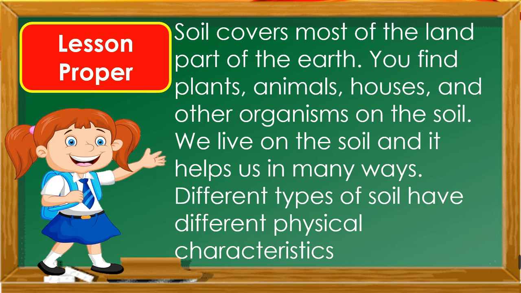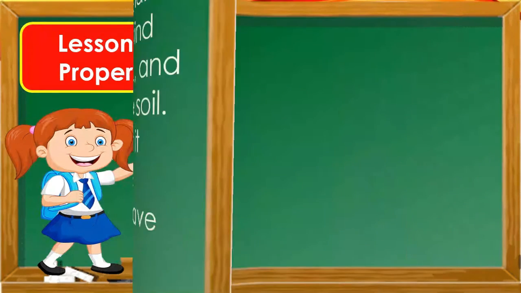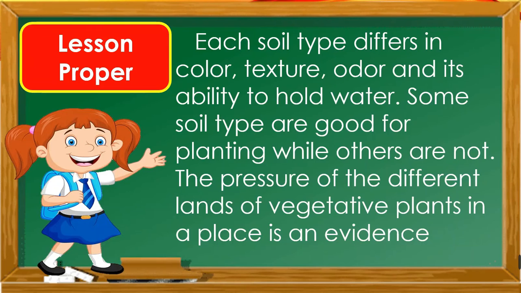Different types of soil have different physical characteristics. Each soil type differs in color, texture, and its ability to hold water. Some soil types are good for planting while others are not.